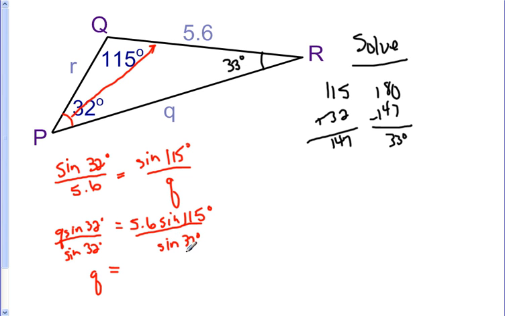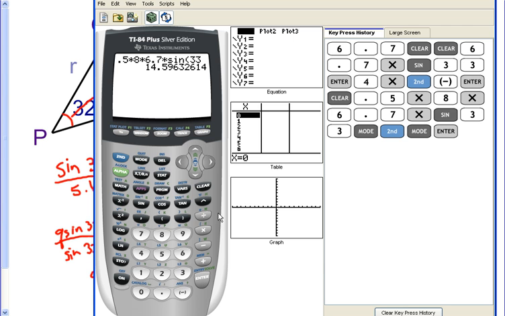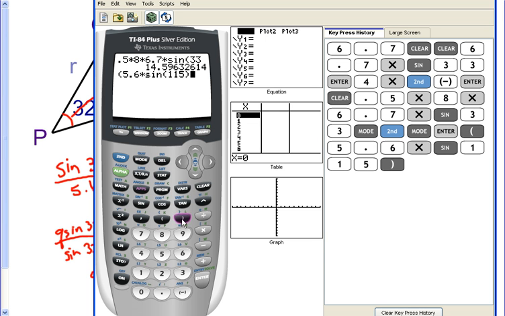You actually have to type all of this into your calculator. So we'll do 5.6 times sine of 115, and then that number divided by sine of 32.